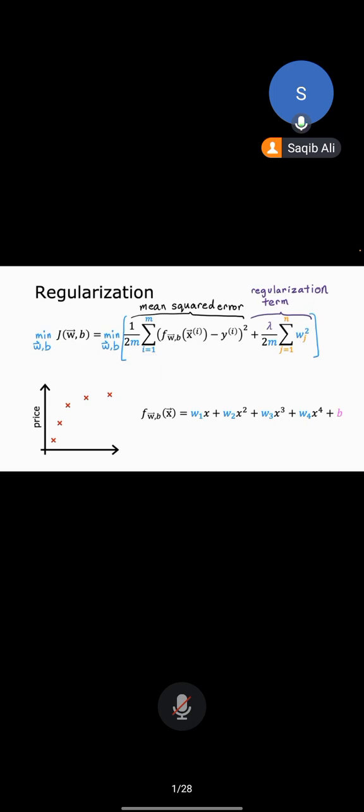So what will this cost function do? This cost function will keep the wj small, as a result of which our overfit model will change into best fit.